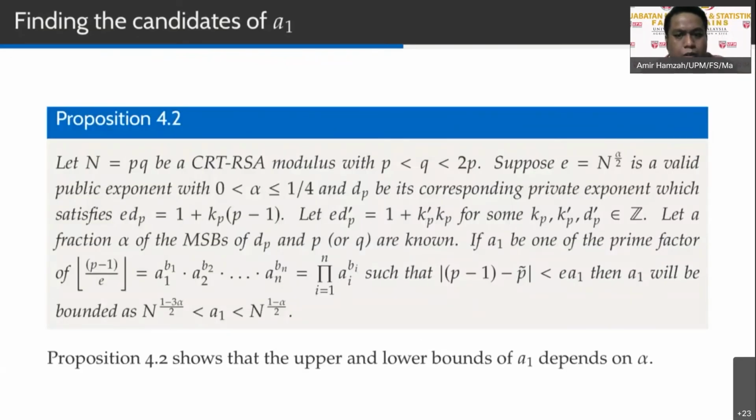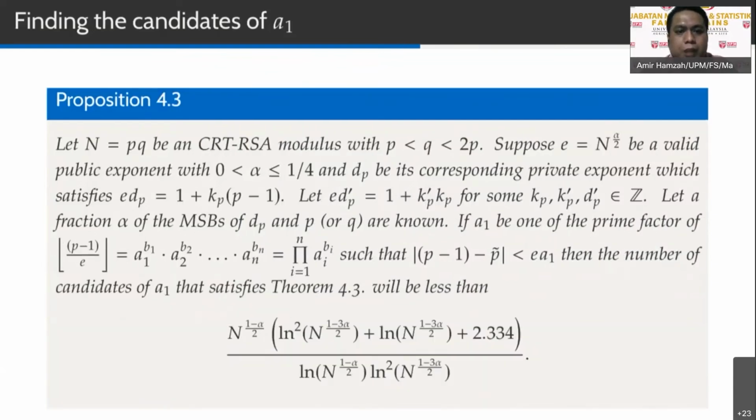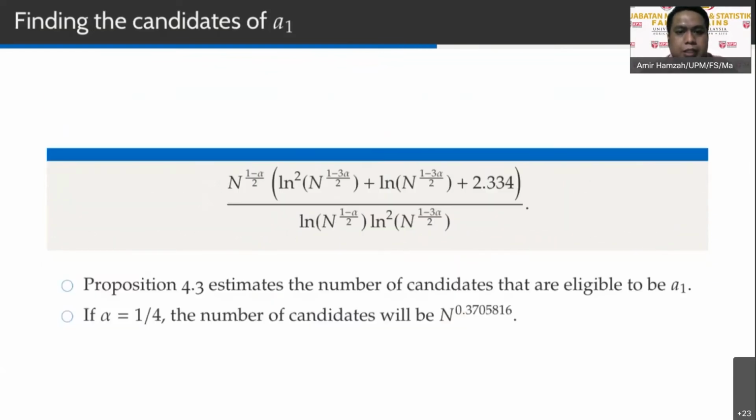So now our next step is that we have to find the value of A1. First we try to determine the candidates of A1. By having this proposition, we can see that this is the estimated number of candidates that are eligible to be A1.